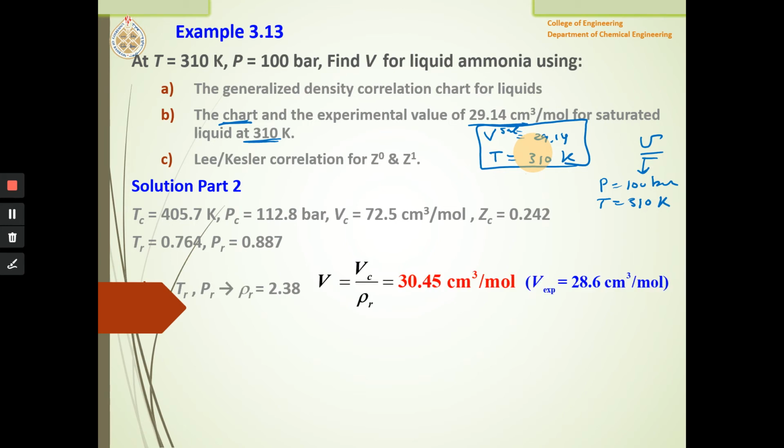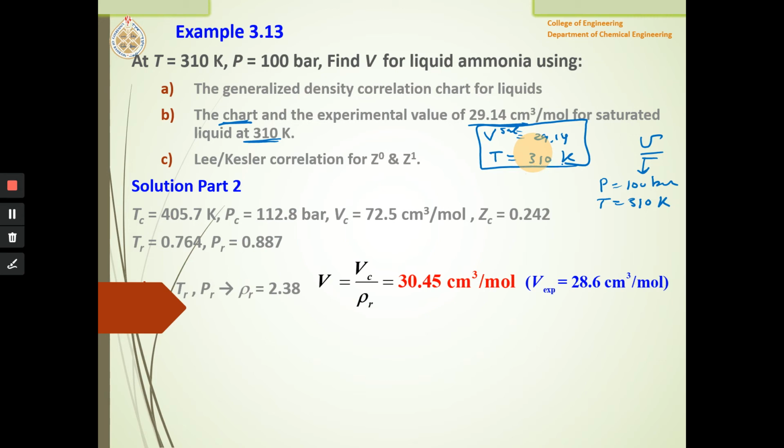And then how to do this? Be careful with me. What I did, I used the chart. Maybe I have to go back and show you. I used the chart at this Vsat and at this T. Look there, at this temperature they said the experimental value is 29.14. What is that temperature? It is 310. Okay.